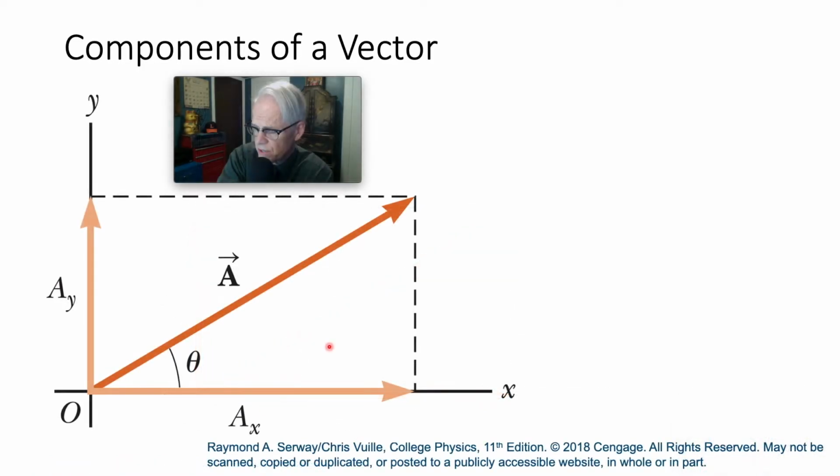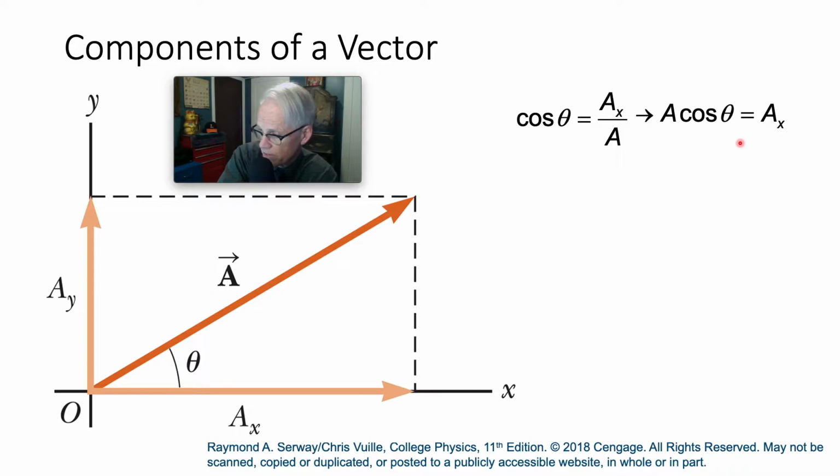Now let's do a little trigonometry review. The cosine of this angle, if this is a right triangle, is the adjacent over the hypotenuse. To find A sub x, or the x component, we just solve it for A sub x. We'll do the same thing for sine, which is the opposite over the hypotenuse.